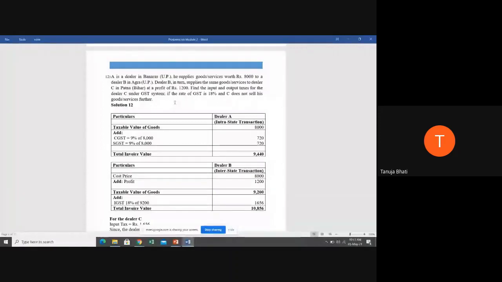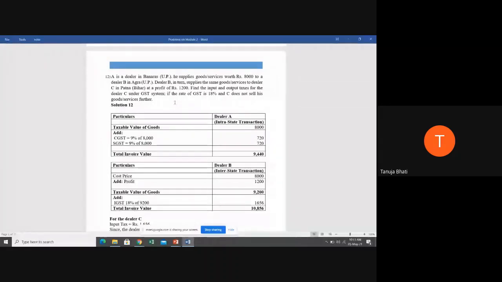Whichever seller is selling the goods or providing the services, they charge GST in their invoices, which is called output tax. And when they purchase some materials or procure some services, the tax they are paying becomes their input tax.